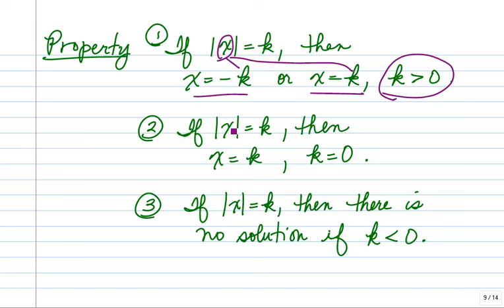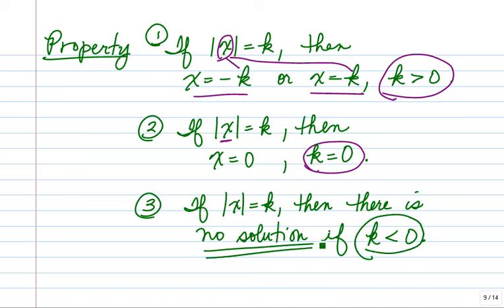If we have absolute value of x is equal to k, where k is 0, there's only one solution. That x has to be equal to k, which in this case would be 0. If absolute value of x is equal to k, where k is a negative number, then there is no solution.